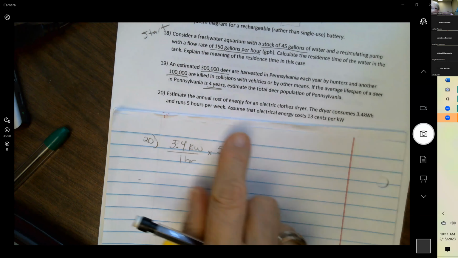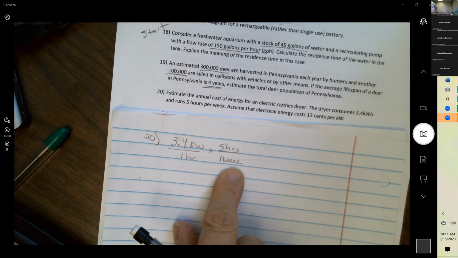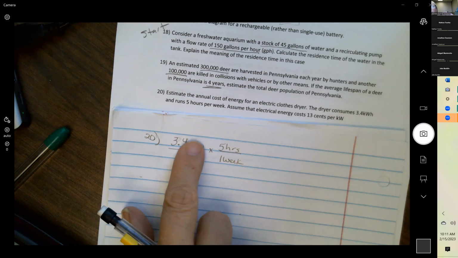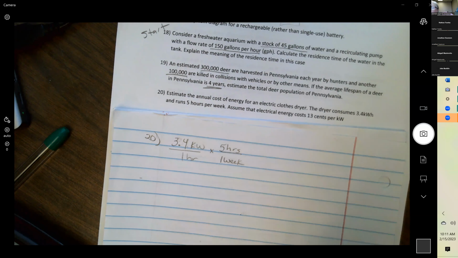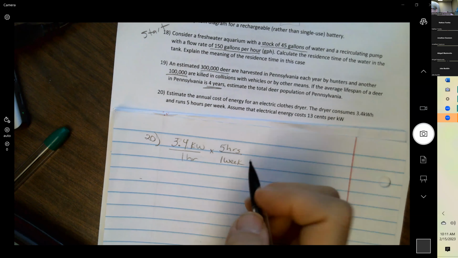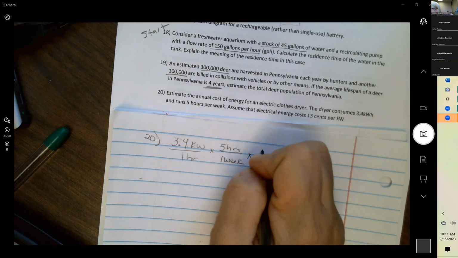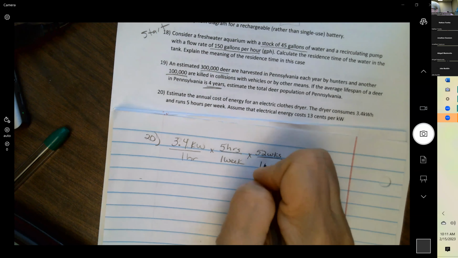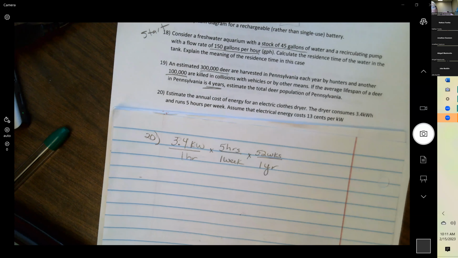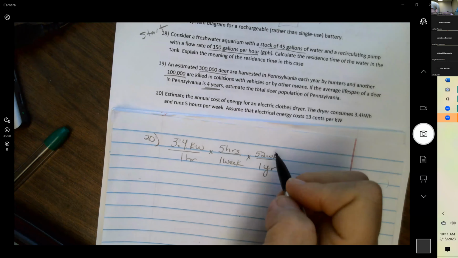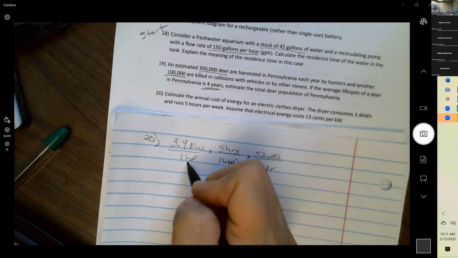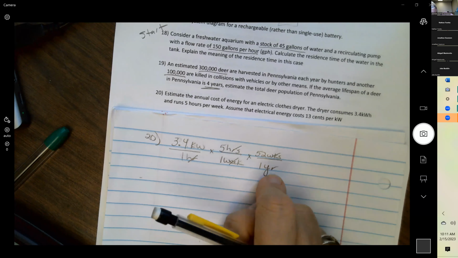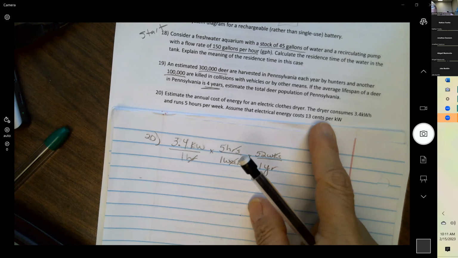Now, we wanted annual, so if you want to make week, year first, you could, or you can get rid of the kilowatts and get the money in there. It doesn't matter which one you do first. Since week is right here, we know there's 52 weeks in 1 year. My weeks canceled, my hours canceled. I have kilowatt hours per year. I want to find out money per year.